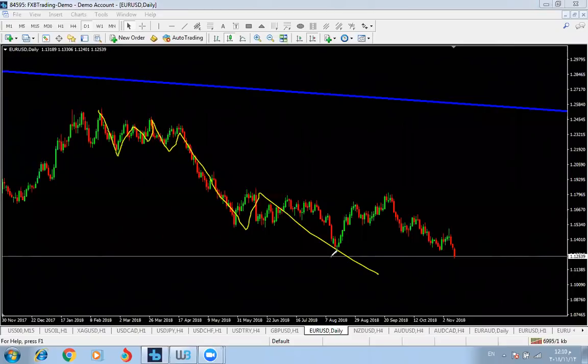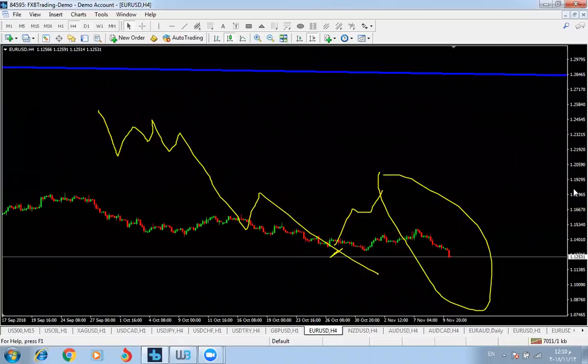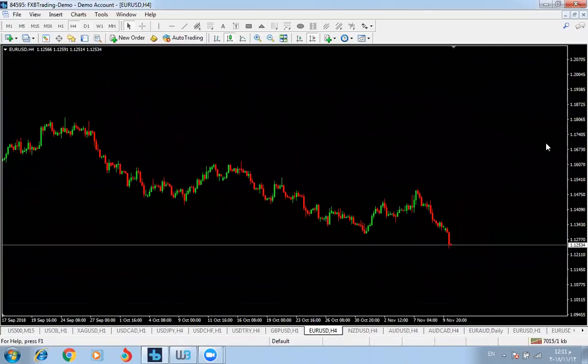It just ended right there. This is wave 4, and we are in wave 5. So we go to smaller time frames, and the whole count is like this. This is wave 1. This is wave 2. This is wave 3 in the form of ABC.